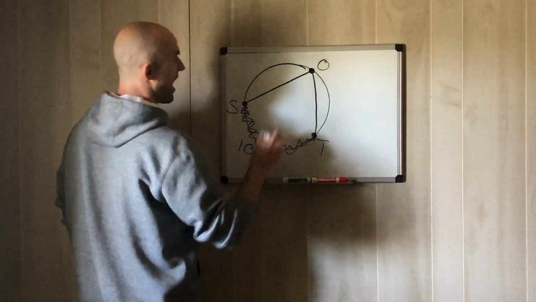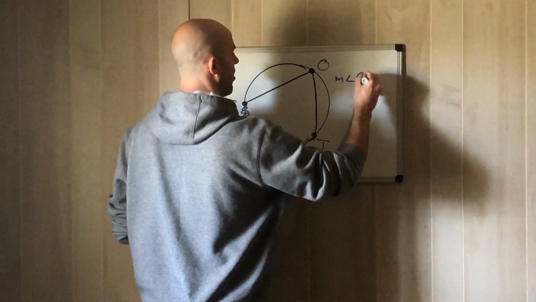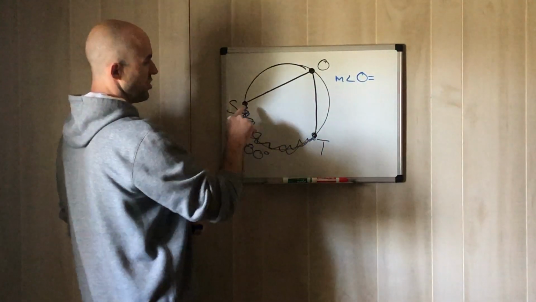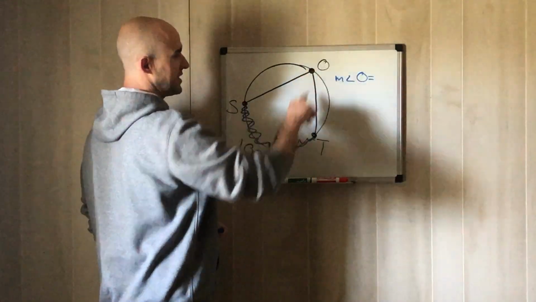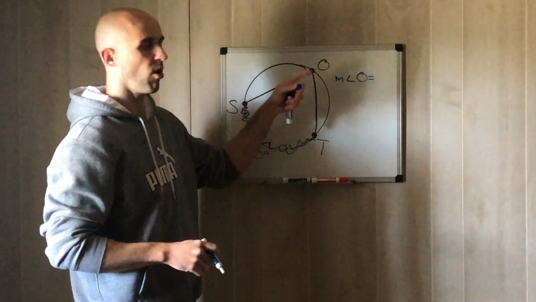And now I wanted to find the measure of angle O. You can call it angle O, angle SOT, or angle TOS. In the end, we can call it angle O.